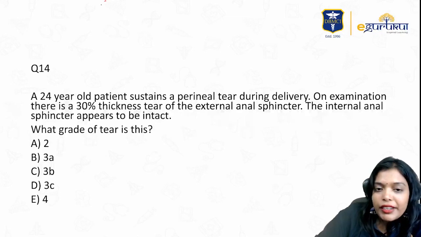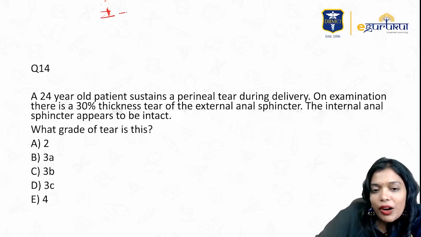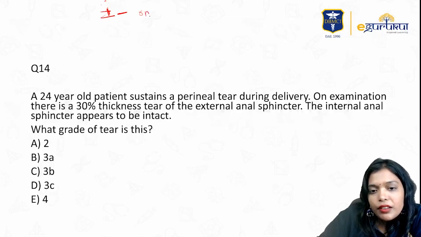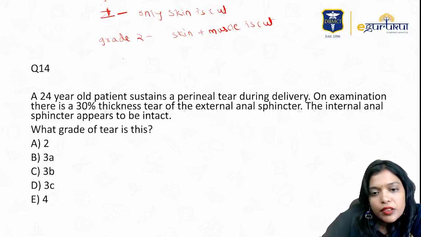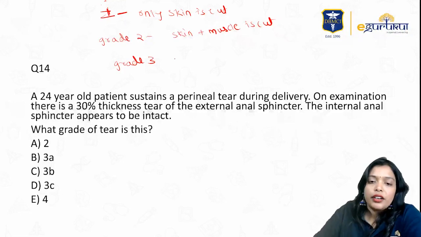So, perineal tears. Grade 1 perineal tear, only skin is cut. Grade 2, skin plus muscle is cut. Grade 3, sphincter is also cut.